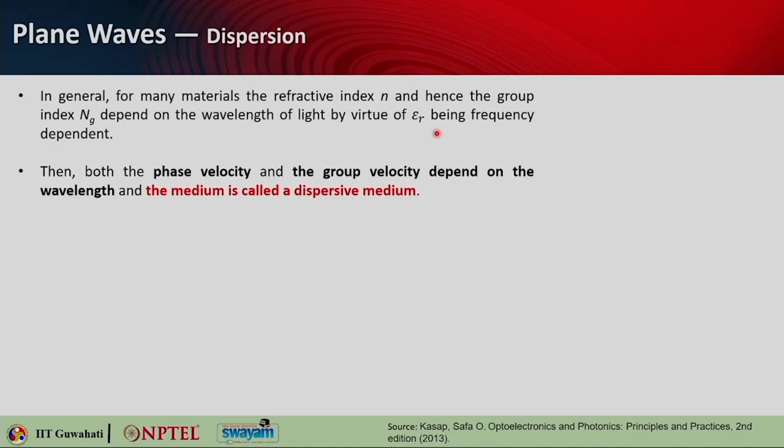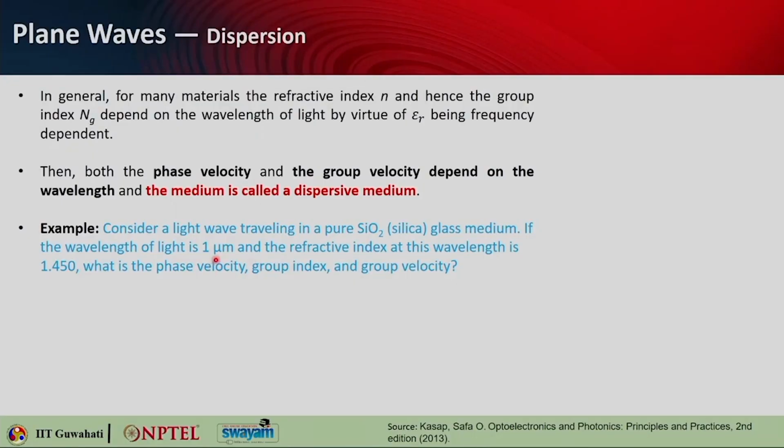So in those cases the phase velocity and the group velocity both depend on wavelength, and these are the kind of medium which is called a dispersive medium, where both phase velocity and group velocity are dependent on wavelength.